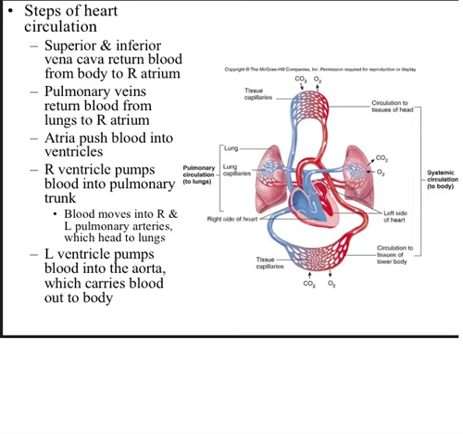So notice in this diagram, it's kind of nice, you can see what happens in the lungs to the blood. The hemoglobin is picking up oxygen from the air that you breathe, and at the same time it's releasing carbon dioxide, which is both bound to the hemoglobin and is also present in the blood plasma, and then we exhale that gas when we breathe out. So very important that this happen.